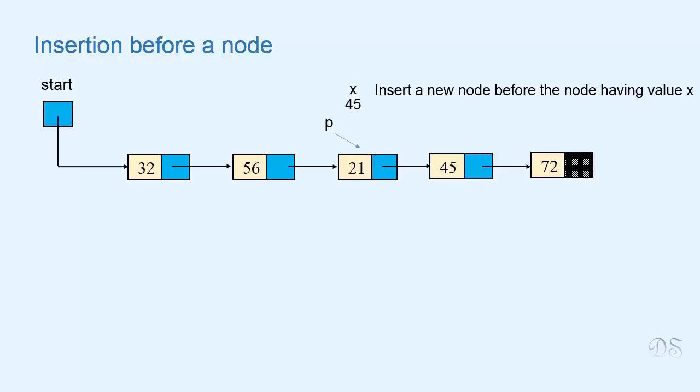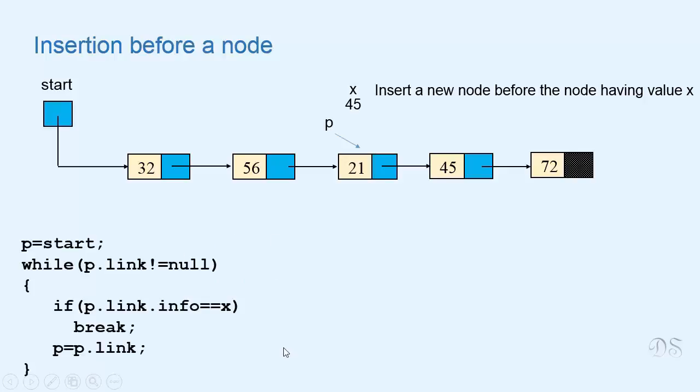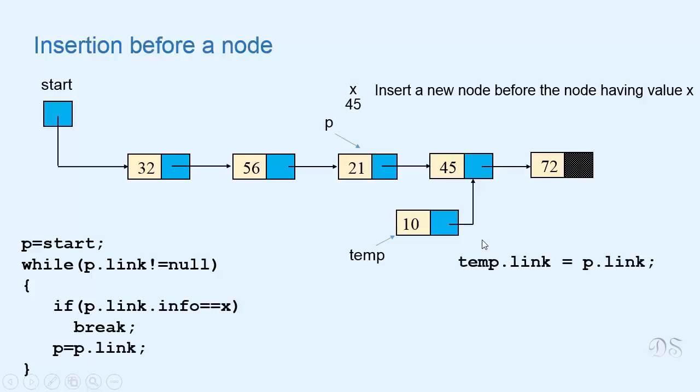So if we have to insert a new node before a node that has value x, we need a reference to the predecessor of the node that contains x. We have already seen how we can find this reference. This code will give us a reference to the predecessor of the node that contains x. After finding this reference, we allocate a new node and insert it here, writing these two statements of insertion.